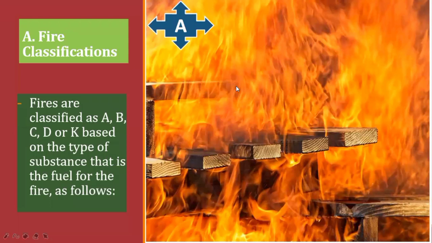In cases that class A is what you are dealing with in the fire incident, what do you think is the best type of fire extinguisher that you can make use of?